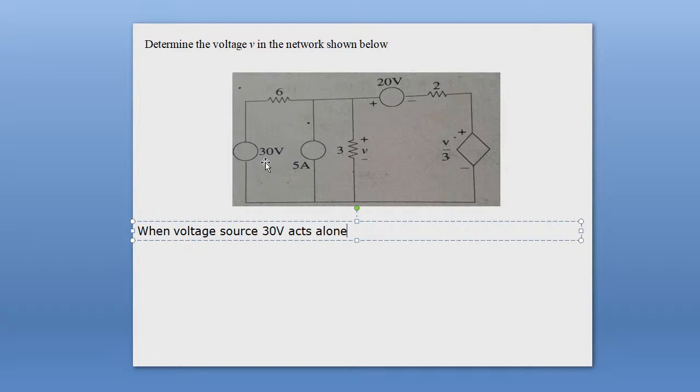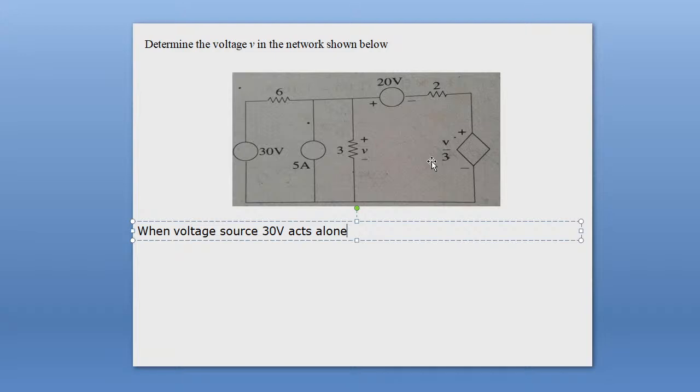A circuit having a 30 volt voltage source, 6 ohm resistance, 2 ohm resistance, 3 ohm resistance, and a dependent source voltage V by 3. For this case, when the 30 volt source acts alone, you calculate the value of V1.